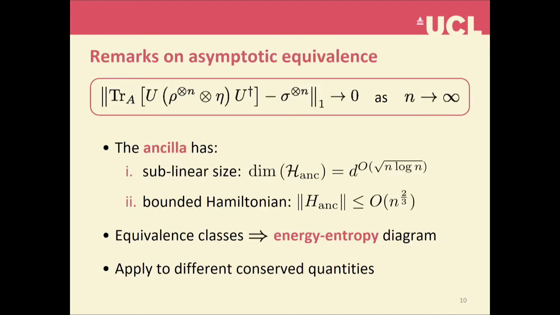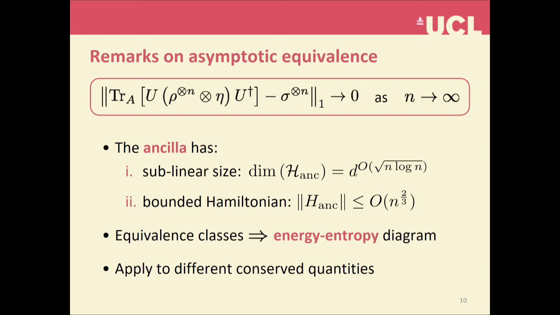First of all, I said that the ancilla is small. What do I mean? Essentially, all properties of this ancilla, such as its size and the energy I can store in it, are proportional to a factor which is sublinear in the number of copies of my main system, so in the number of copies of rho and sigma. Why am I asking this?